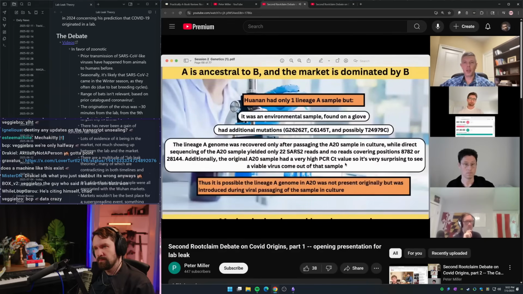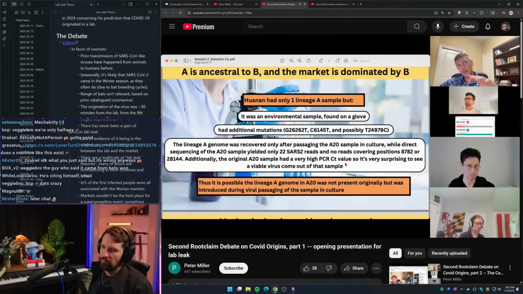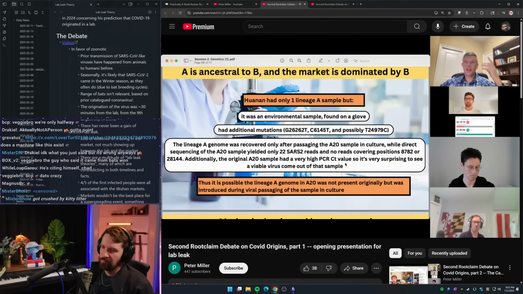But, as I promised, there's only one lineage A sample in the market, out of I think 25 or so positive environmental samples. They had 16 patients, all of them lineage B, and then 25 environmental samples, and there's only one lineage A from a cultured sample.